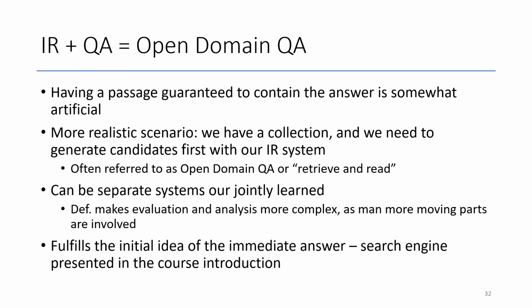Those two can be separate systems and separate models, or they can be jointly learned in a single model architecture. Having this open domain QA setting definitely makes the evaluation and analysis more complex, as we have many more moving parts and more decisions that we need to take, both for the evaluation as well as the model training.